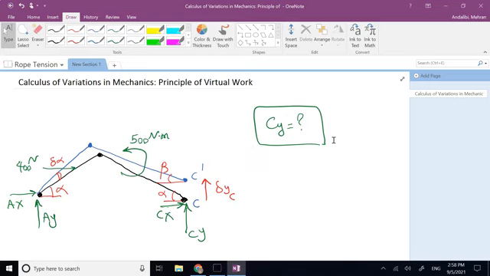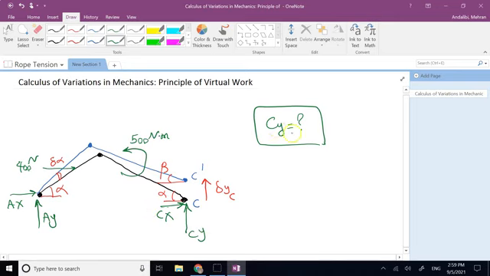Now the angles of the 2 members AB and BC are not going to be the same. One of them is going to be alpha plus del alpha. The other goes to beta, which is related to alpha and del alpha, but is not the same as the angle of the other one. And why did I choose it this way? Because in this motion, again, Ax, Ay, and Cx will have no work.